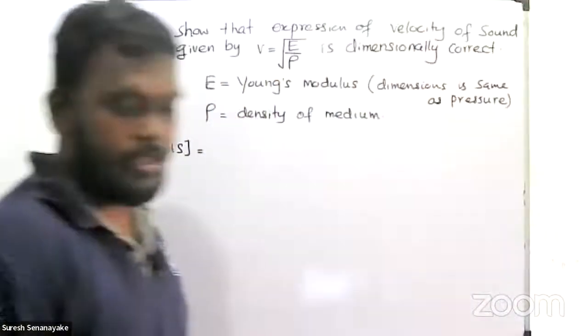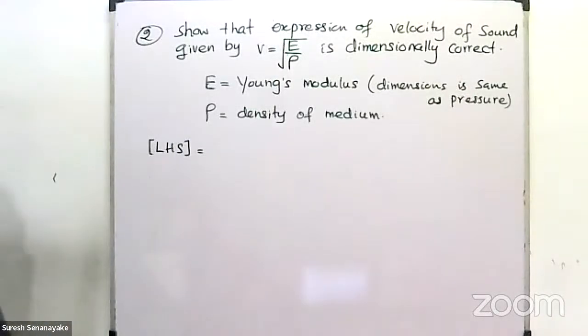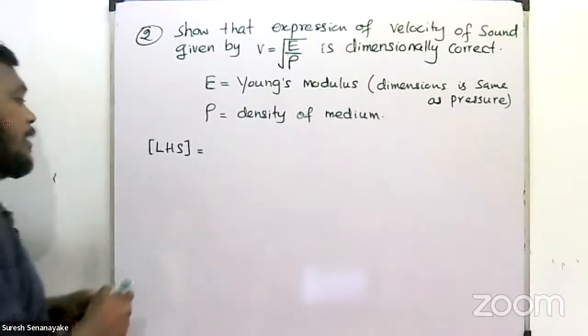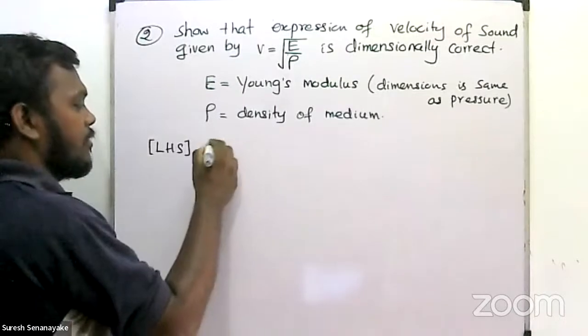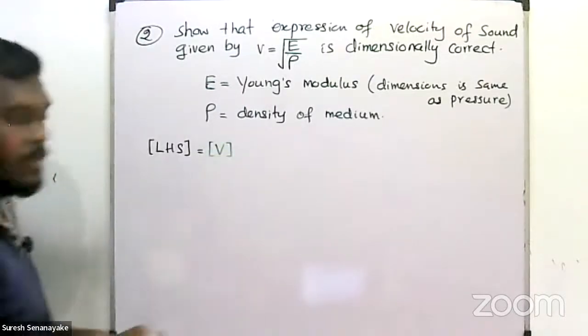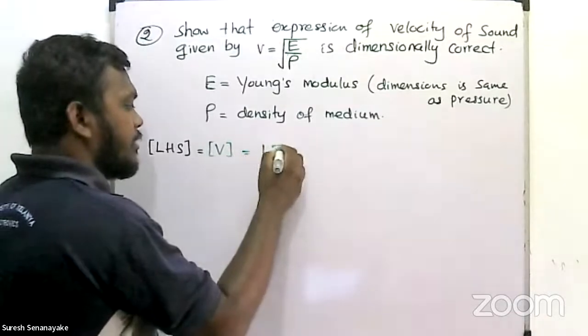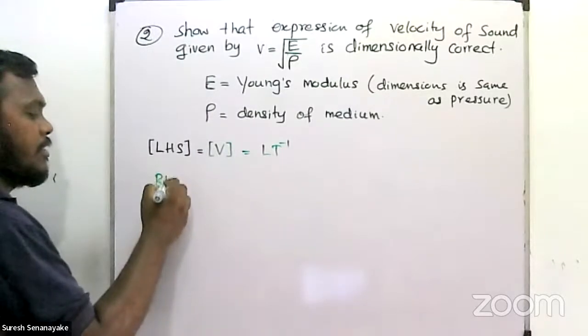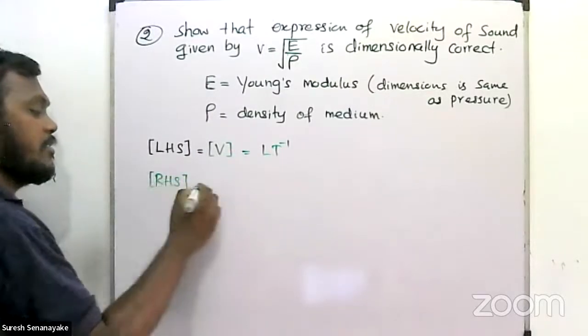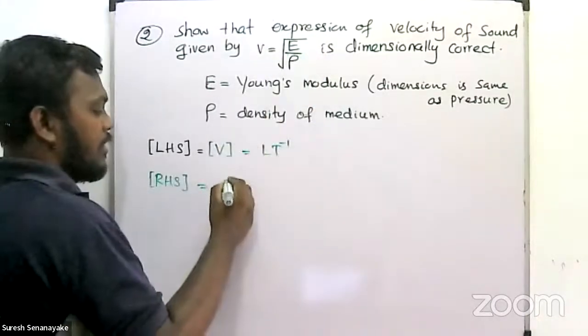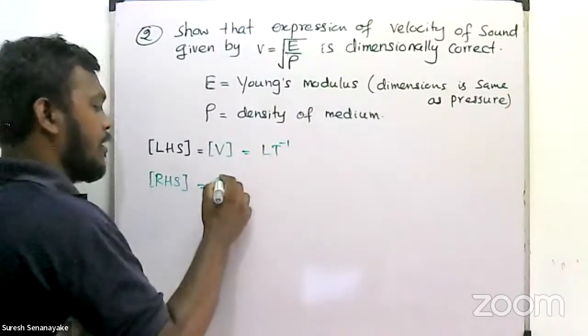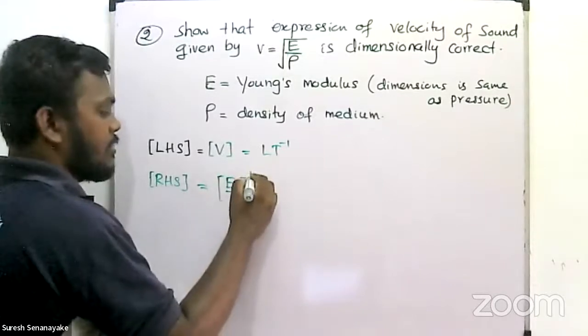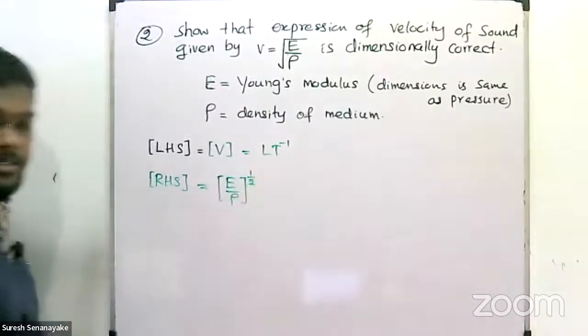Tell me how we can show this. For saving time, I'm not going to do it all; you can go through the questions given in the tutorial. On the left side there's a velocity, so it has the dimension LT minus 1. The dimension of the right-hand side, RHS, is that of E over rho, with the square root as a half power.